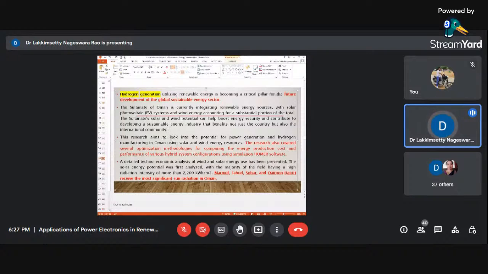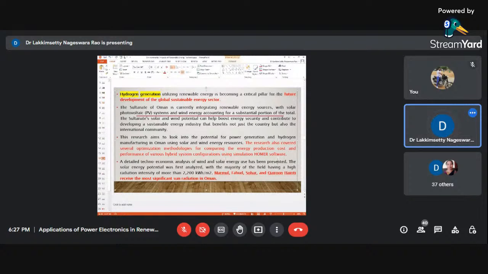Therefore, the Sultanate of Oman is currently integrating renewable energy sources, solar photovoltaic systems with wind energy, coupling these two for producing a huge amount of energy from these renewable sources. And the main focus here is power generation and hydrogen manufacturing in the Sultanate of Oman by these resources.